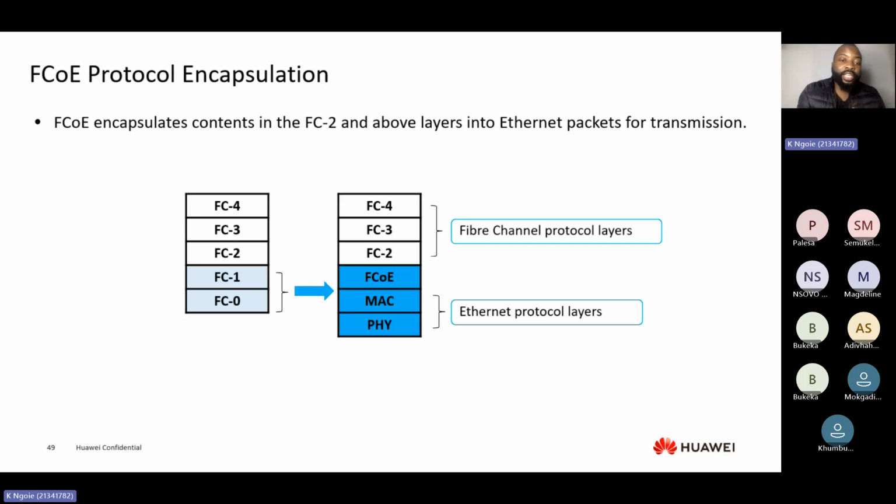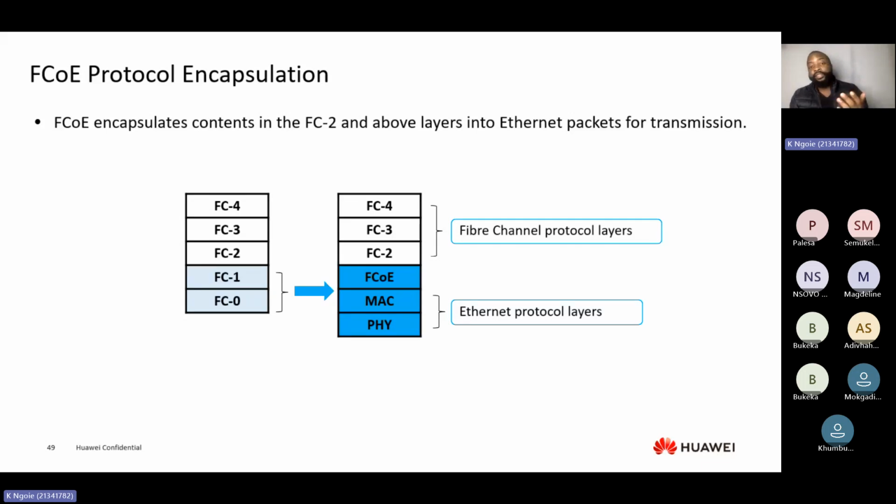So the FC2 will be the frame structure and division protocol, which means that the flow control mechanism of the whole fiber channel will be managed by the FC2. So the FC2 will manage the data transfer between devices.